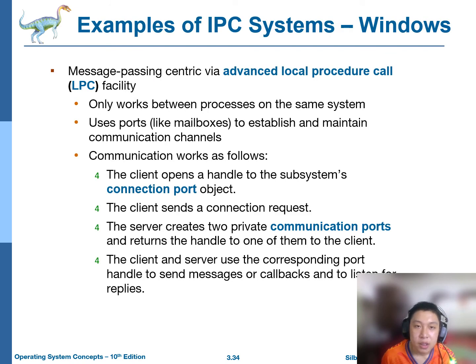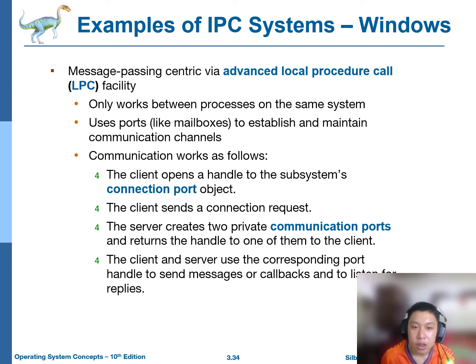An example of an IPC system is Windows. Message passing is done via the advanced local procedure call facility, which only works between processes on the same system. It is used to establish and maintain communication channels. Communication works as follows: the client opens a handle to the subsystem's connection port object and sends a connection request.